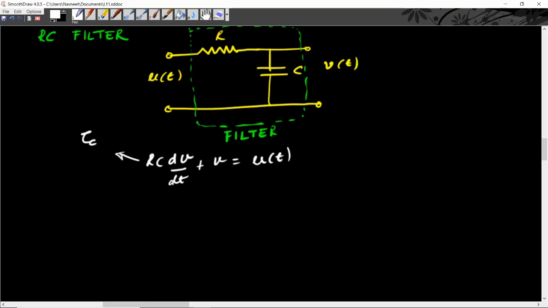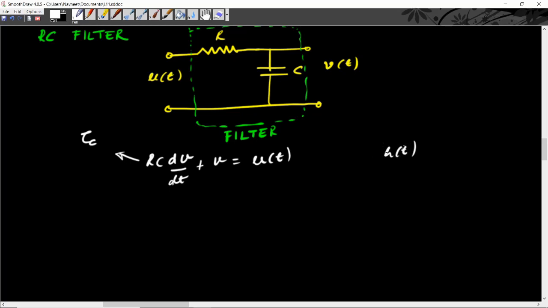And this is a different tau than what we have in the convolution operation. We can actually solve this equation directly in time domain for an input signal u of t, and we can show that the solution involves convolution of u of t with a function h of t.